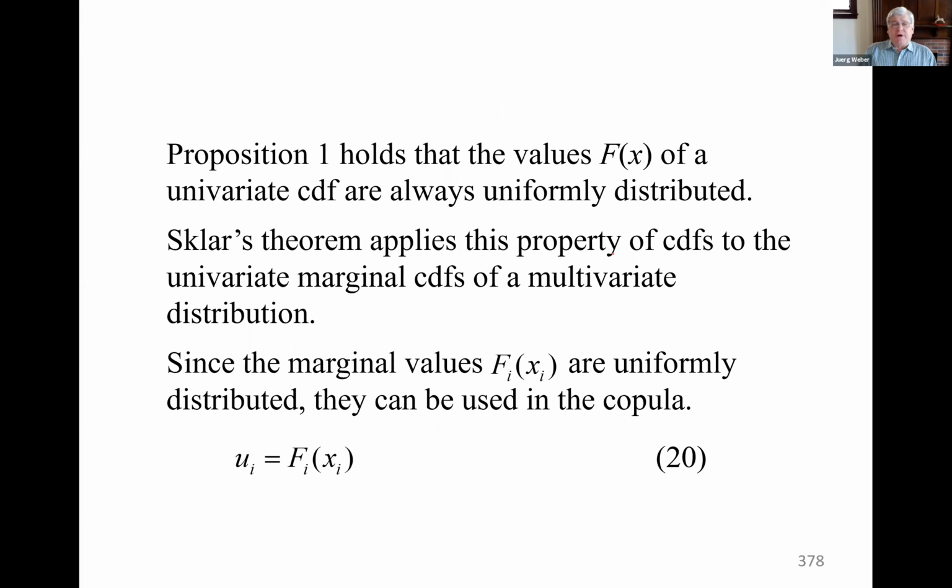So proposition 1 holds for the values Fx of a univariate CDF, that the values of the univariate CDFs are always uniformly distributed. And Sklar's theorem then applies this property of CDFs to the univariate marginal CDFs of a multivariate distribution.